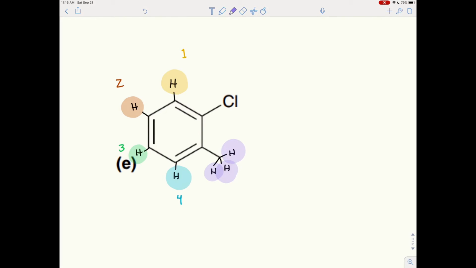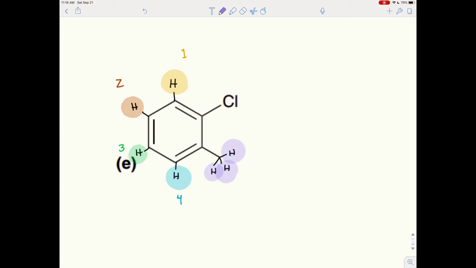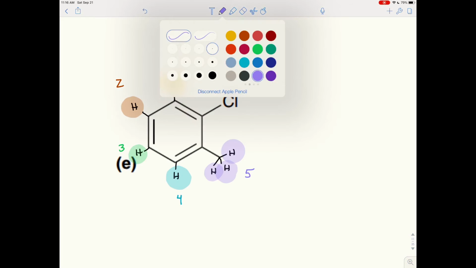These hydrogens on the methyl group, those aren't even on the ring, so they're definitely in a different electronic environment than the rest of the hydrogens. All 3 of them, though, have the ring to one side, nothing to the other, so they're all 3 in the same electronic environment, one that's distinct from the previous ones that we've looked at in this molecule. So that gives rise to our 5th signal.